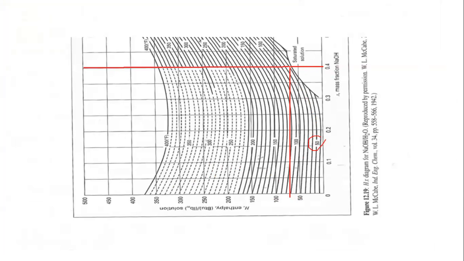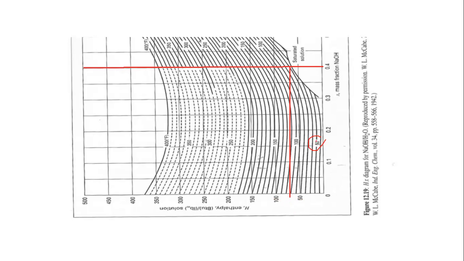Draw a line from here, then read the enthalpy here. It should be between 50 and 100. In the book, the enthalpy for letter B is 70. You should read this as 70.